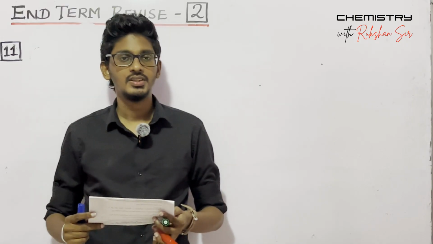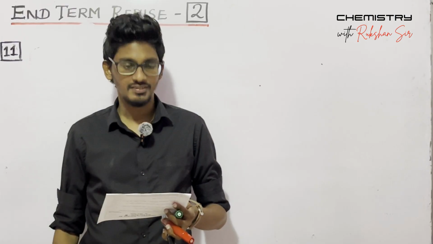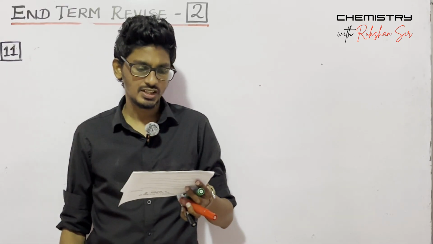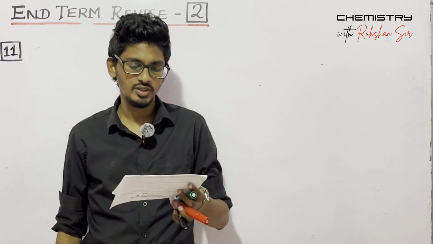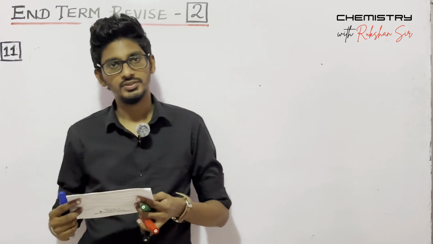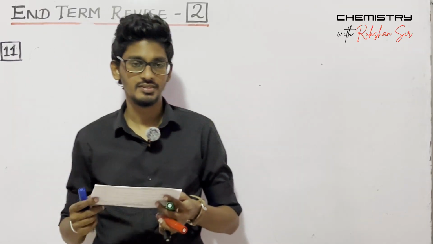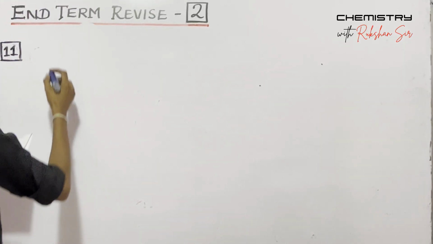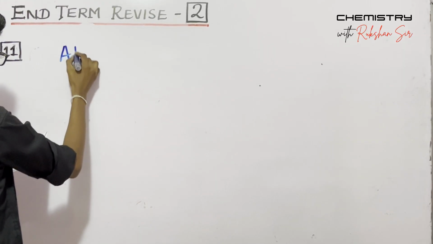Let's discuss statement 11, right? If the shape around the atom A of an AB3 molecule is tetrahedral, AB3 is a non-polar molecule. Let's discuss whether the statement is true or false. So we are regarding the molecule AB3.